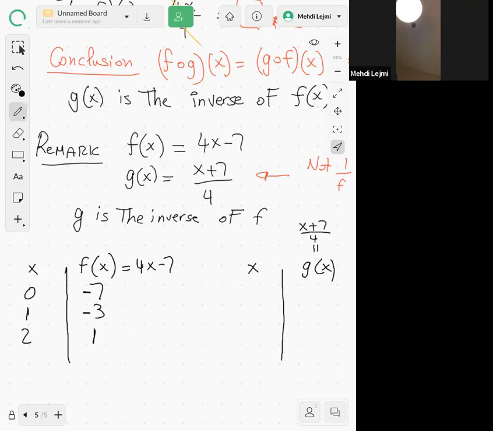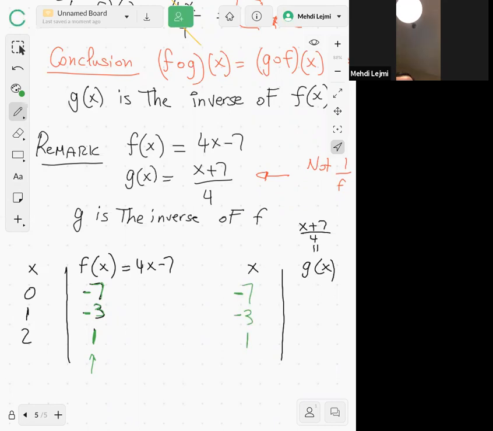That's my g. For x, I'm going to take these values: minus 7, negative 3, and positive 1. These are the values of f of x, so I'm taking them as the values of x here.